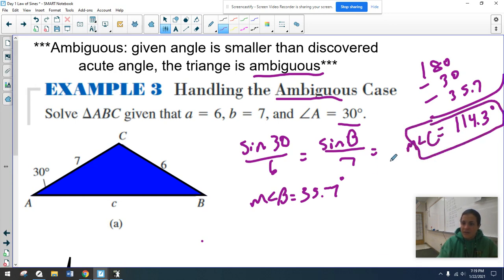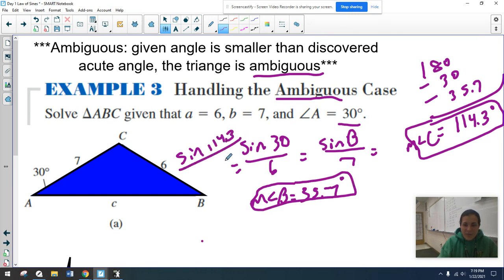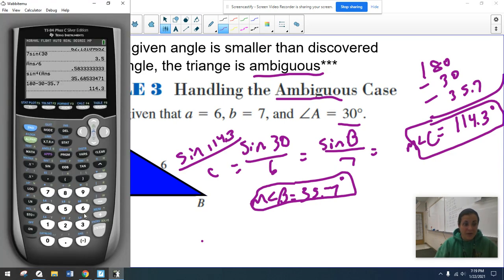So this is an answer, this is an answer, and then we have to also figure out side c. So I've got sine of, and I'm going to use a little bit more than just the 114.3 because that might make your answer be a little off. So I'm going to do 6 times the sine of the 114.3.